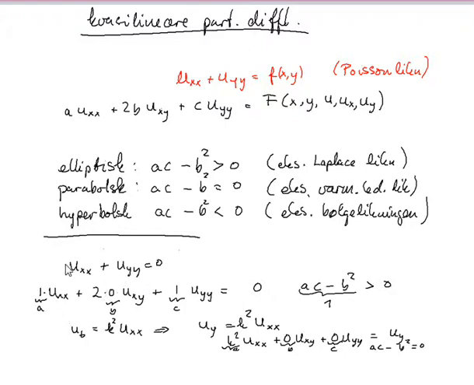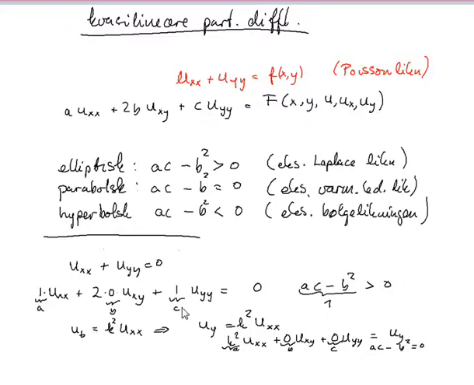You know that the Laplace equation takes this form. So if we go back to the general description of the quasi-linear partial differential equations, we see that a must be 1, b must be 0, and c must be 1.